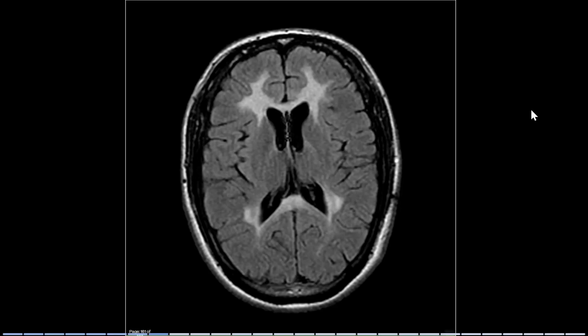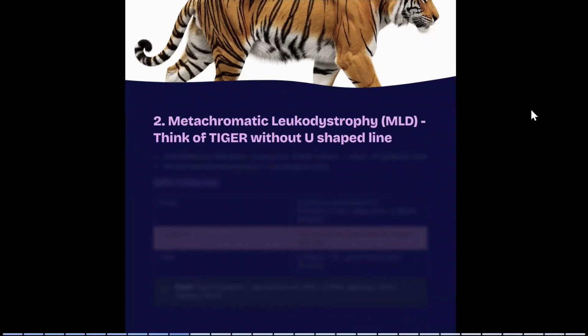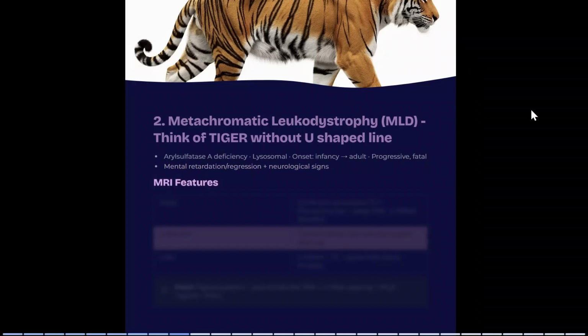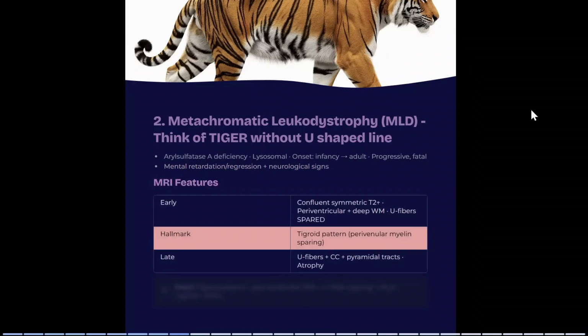When it comes to such a pattern, we are supposed to think about metachromatic leukodystrophy. When you want to remember MLD, think of it like a tiger, and the tiger doesn't have U-shaped lines. These are basically straight lines, and this involves periventricular matter as well as deep white matter, and U fibers are spared.